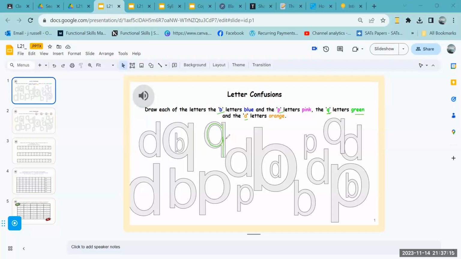So it's Q. Now, this particular letter doesn't have a sound on its own because it's always seen with this letter to make the Q sound. So for this particular letter, you might want to say its name, Q, rather than the sound it makes. So what I'm going to ask you to do, and make sure you do move between the 4 different colours, because remember, our brain needs as much information to help it deal with this issue.